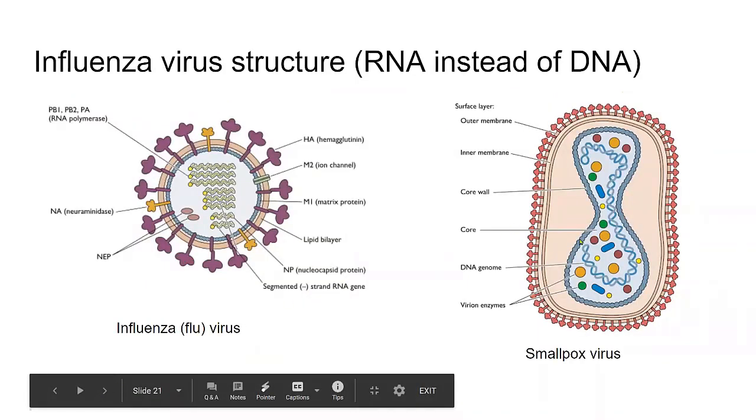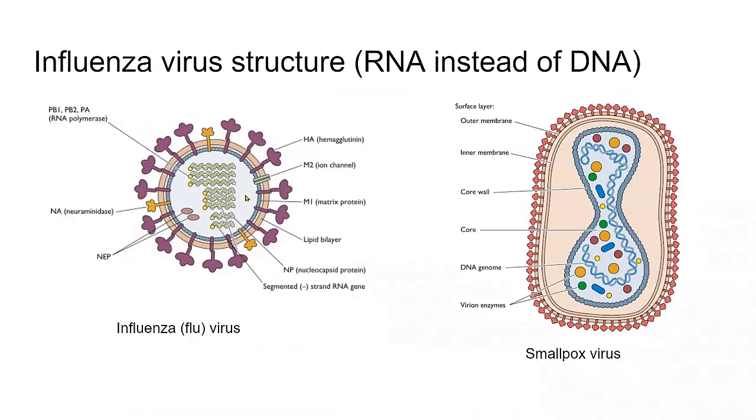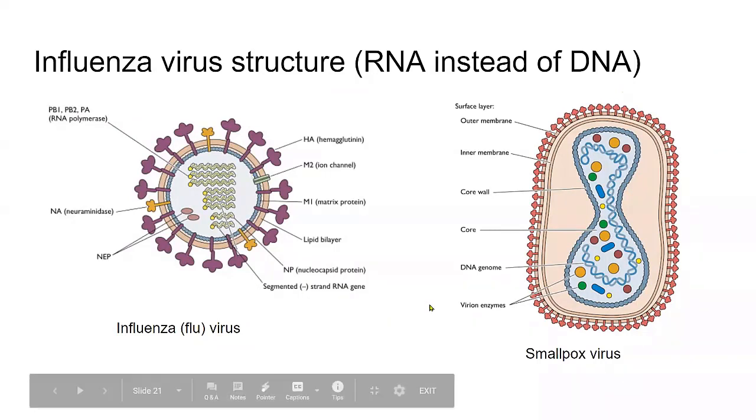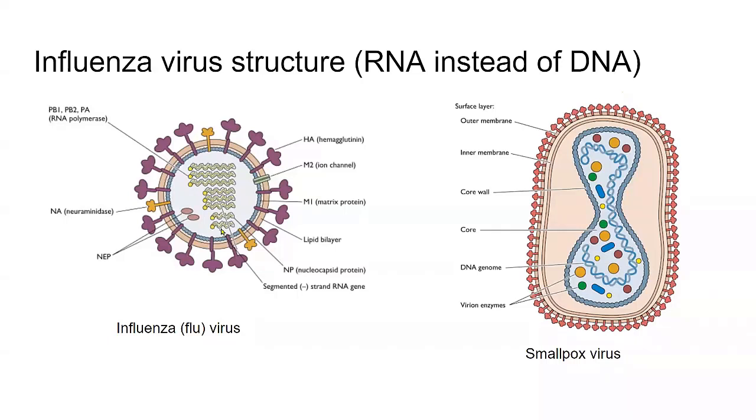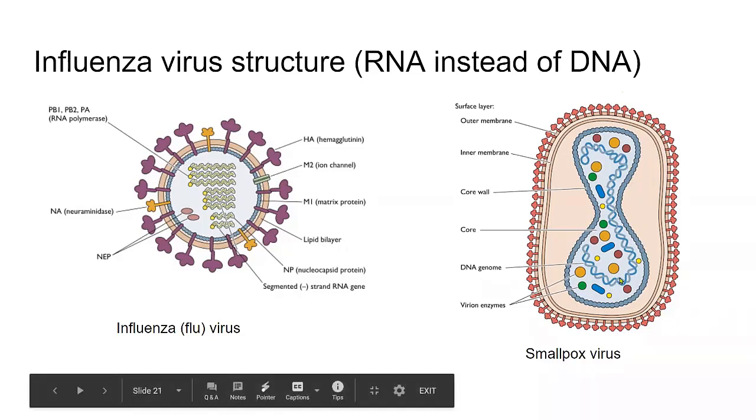All right, there was an earlier question, I think it was from Morgan, talking about RNA versus DNA. RNA viruses tend to be much less accurate in copying their RNA. So the smallpox virus was really, really accurate at copying its DNA, making sure the next virus, its offspring, are exactly the same as the parent.